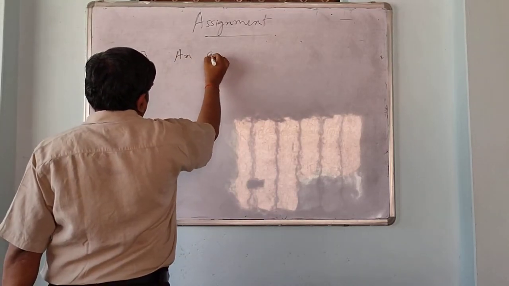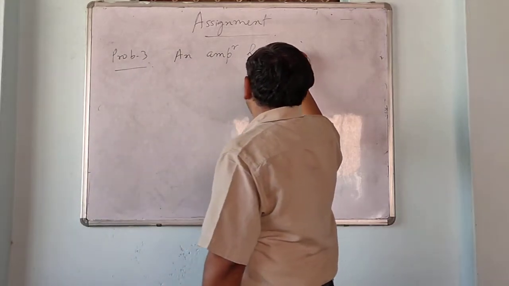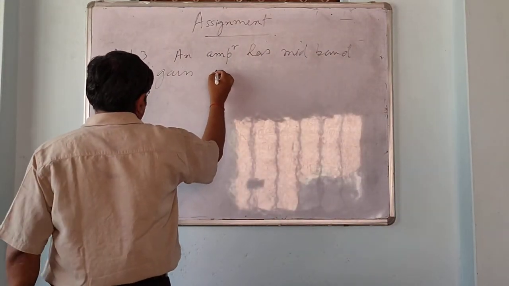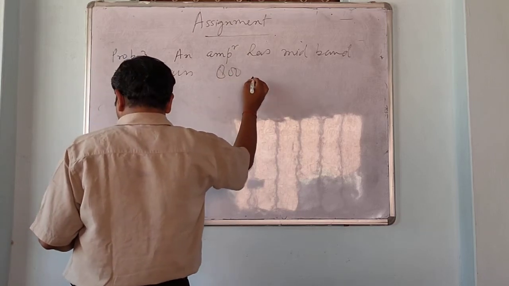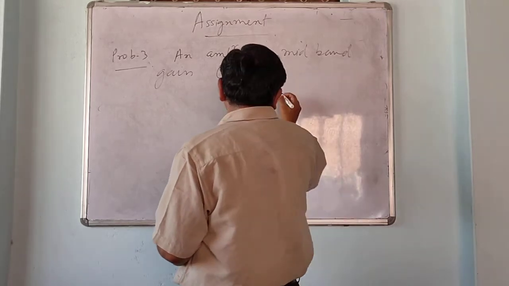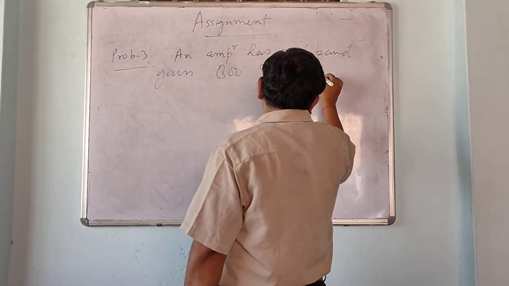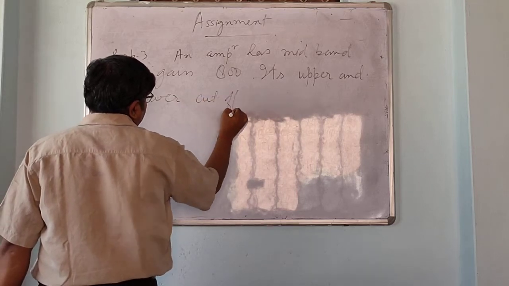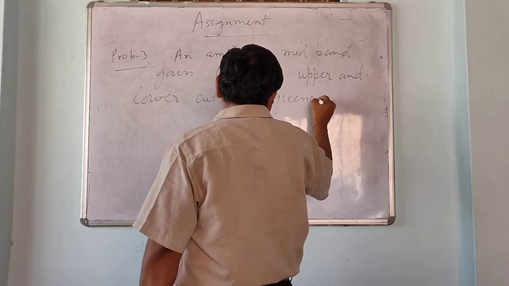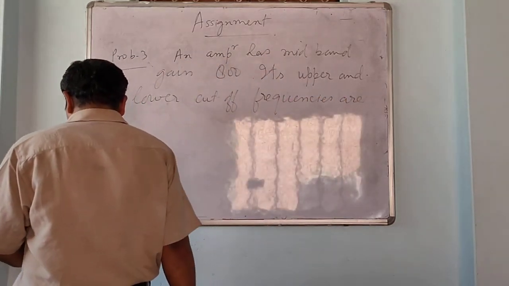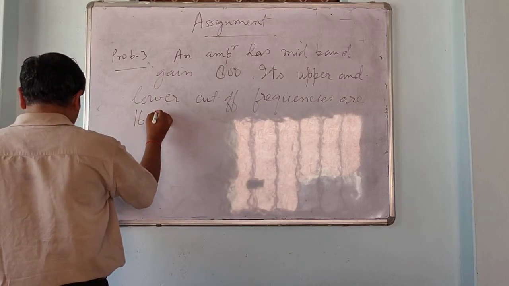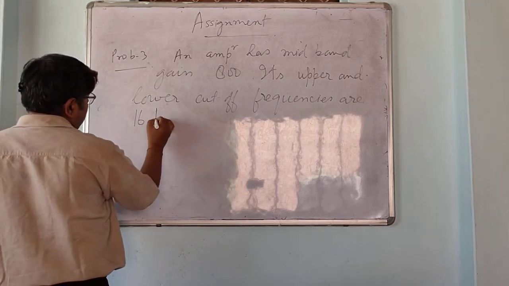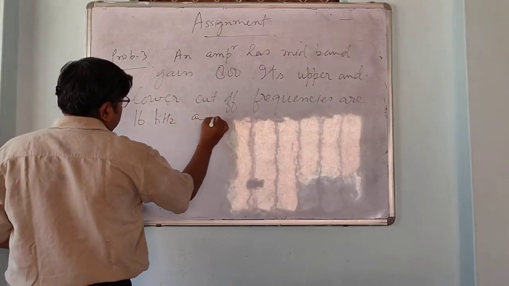An amplifier has a mid-band gain. Its upper and lower cutoff frequencies are 16 kilohertz, this is the upper, and 40 hertz.